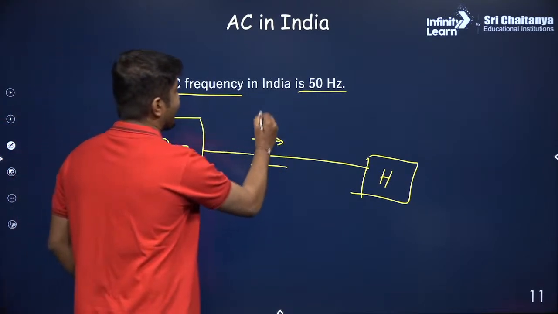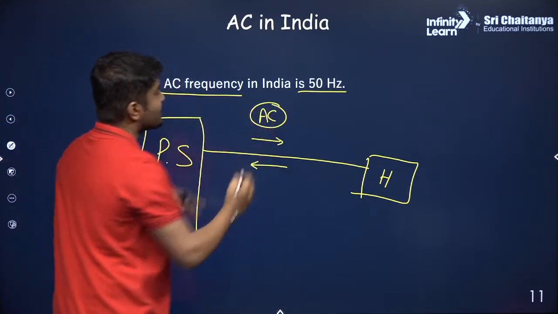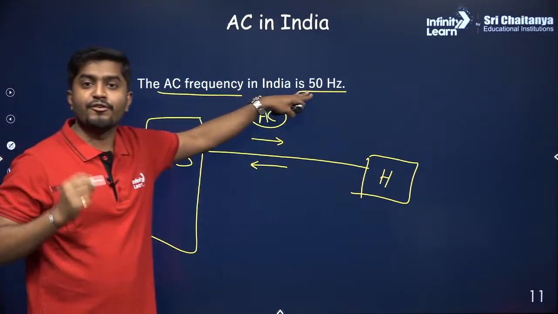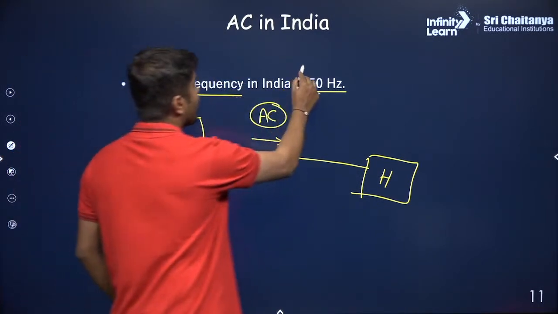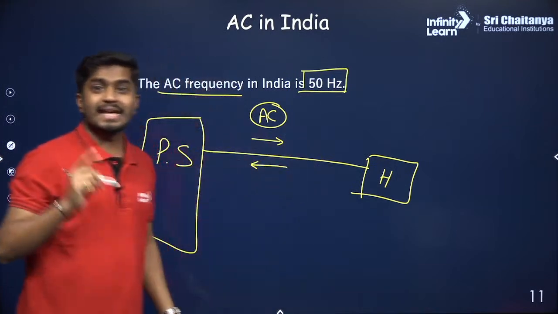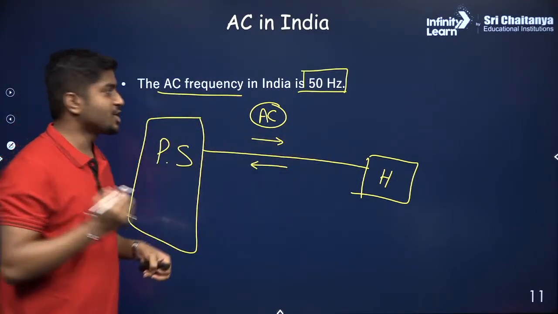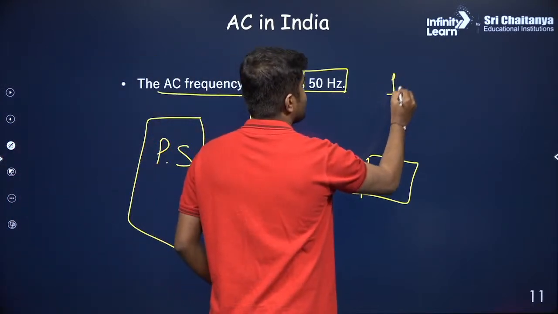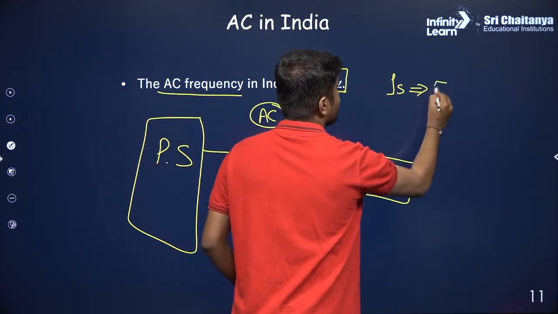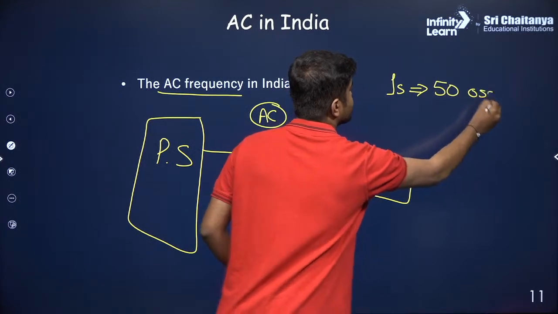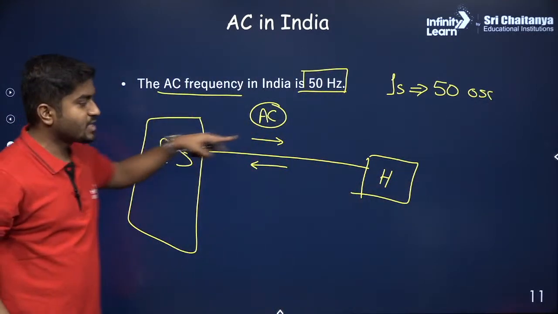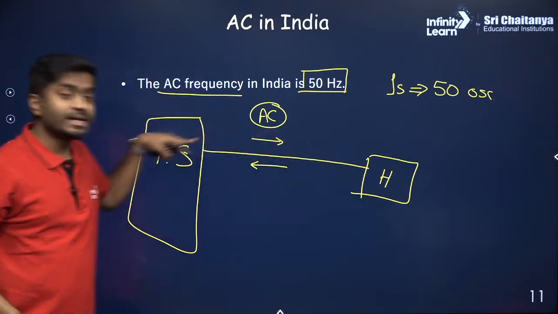So this is an AC with frequency 50 Hertz. What is the meaning of 50 Hertz? That means in 1 second it completes 50 oscillations. There is one oscillation from the power station to our houses, then returning to the power station.